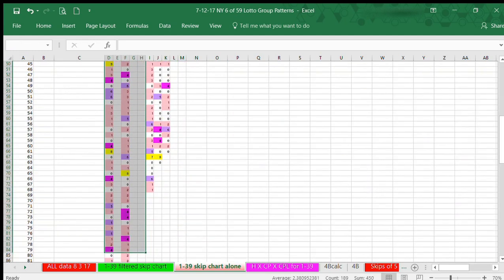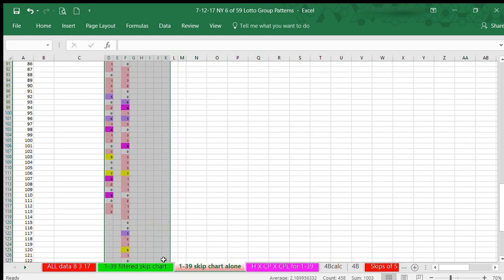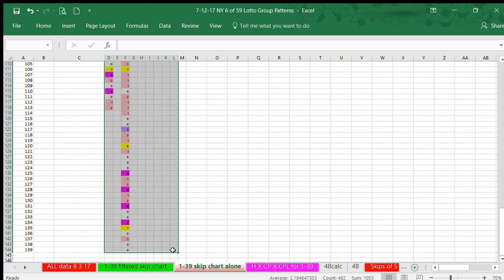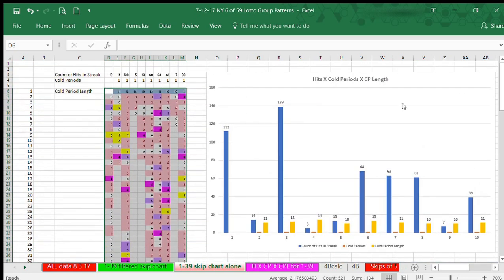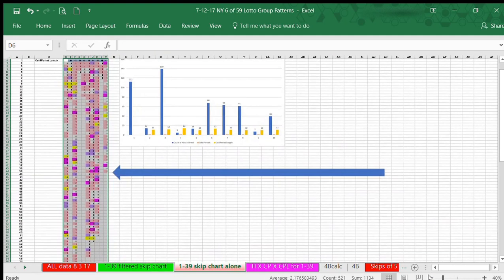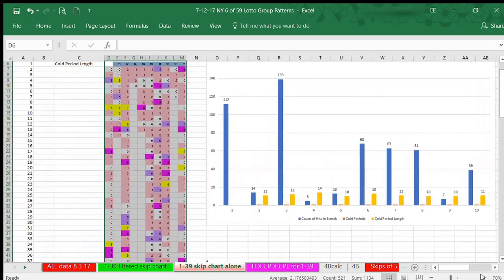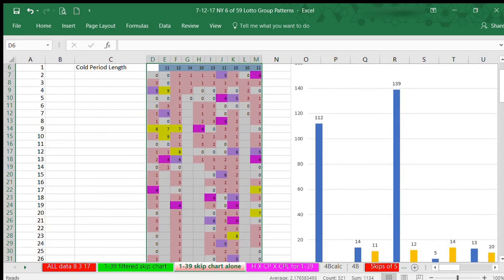I gotta go one more down, one more over. Anyways, the entire history of the game, it's 521 hits in this streak. Alright, you can zoom out, of course, to see the entire history here, and zoom in for you, because I'm sure your eyes aren't as good as they used to be.